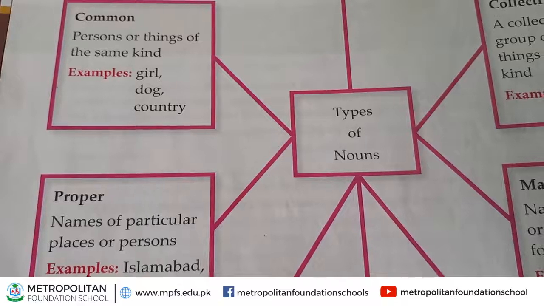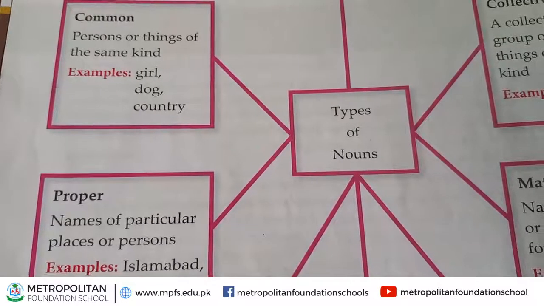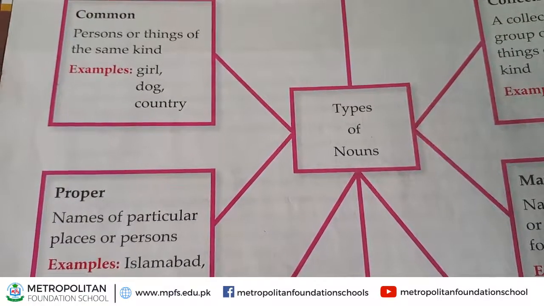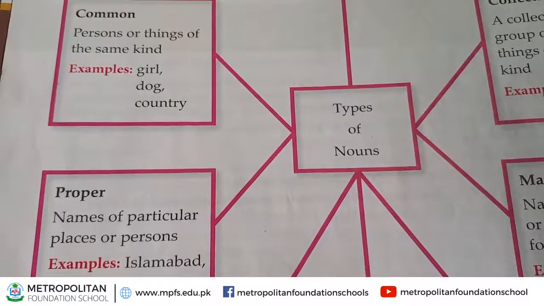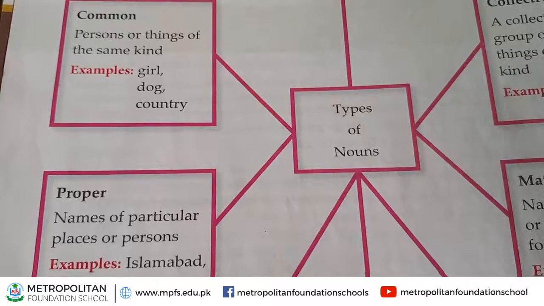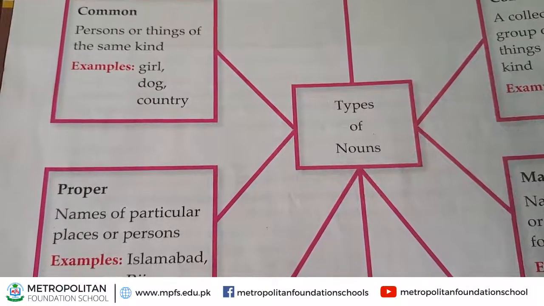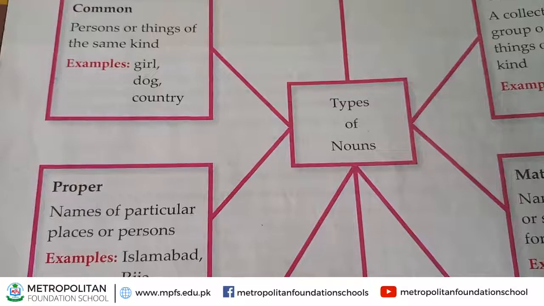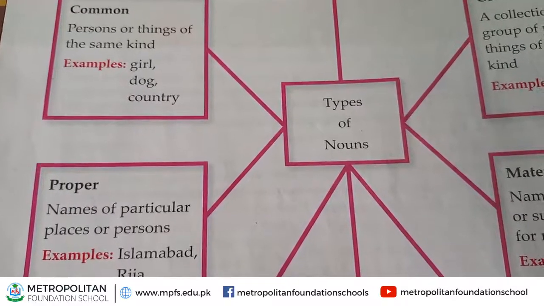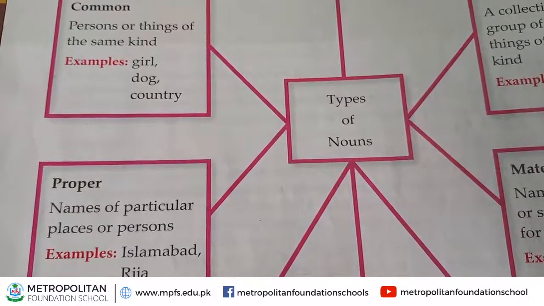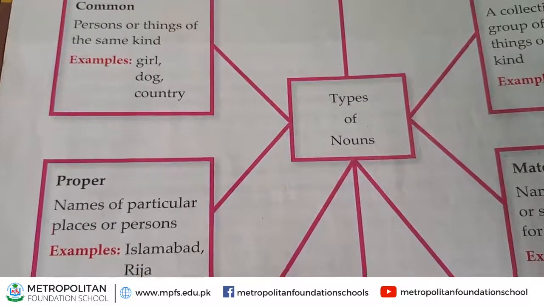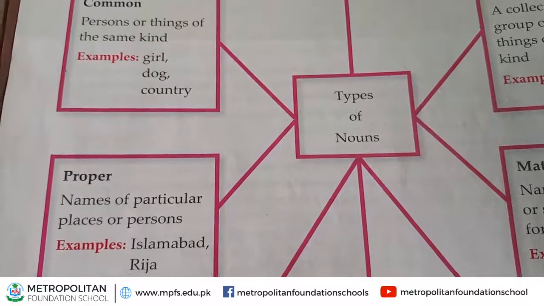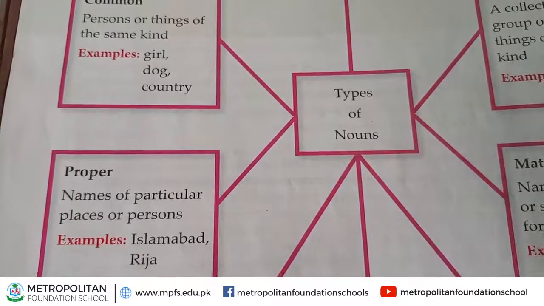I again repeat, concrete nouns refer to things we can see, touch and feel. Example: the girl took the dog for a walk. It means the girl is touching the dog, that's why she took the dog with her for walking.